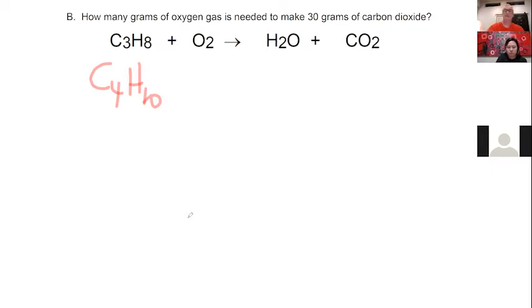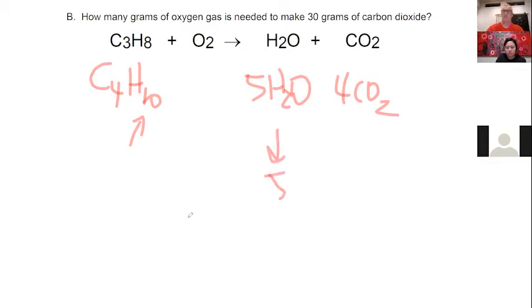So now I have 4 carbons. And I have 10 hydrogen, so I need to make 5 waters. So now I add up my oxygens, and I have 5 here, and I have 8 there for a total of 13. So how do I make 13 atoms when I could only get them in 2s?